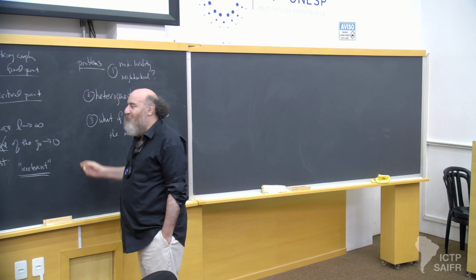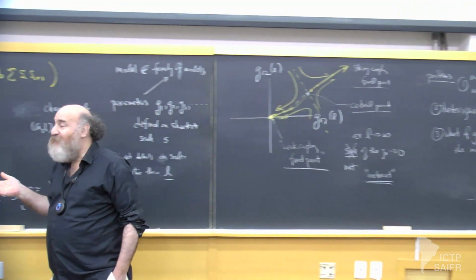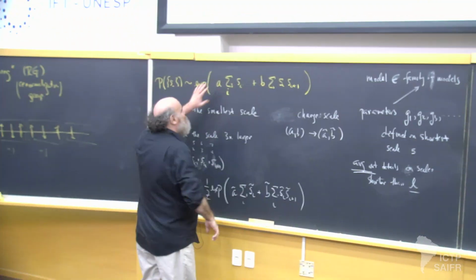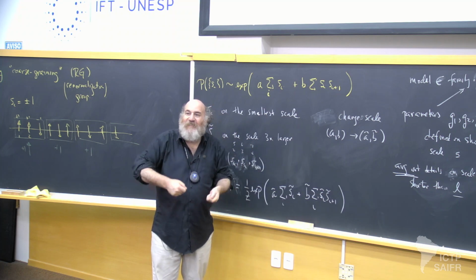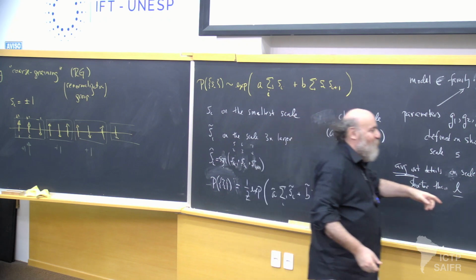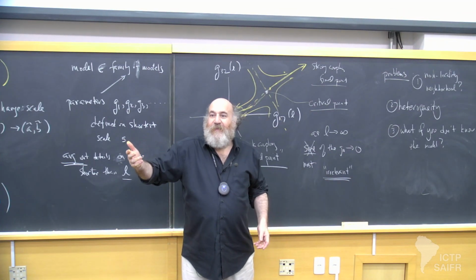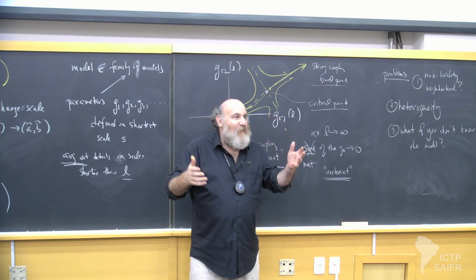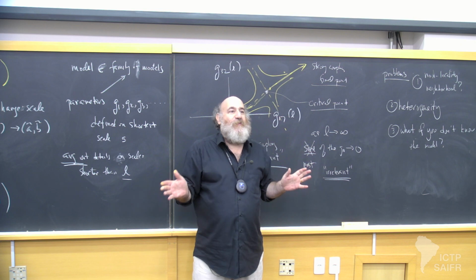So this discussion all works if I know where to start. If I start here, I can go through all this machinery and classify. This term is irrelevant. The opposite of irrelevant, of course, is relevant, so that's a term that I have to keep. And I can classify them inside the model or inside the family of models, and everything is wonderful, okay?